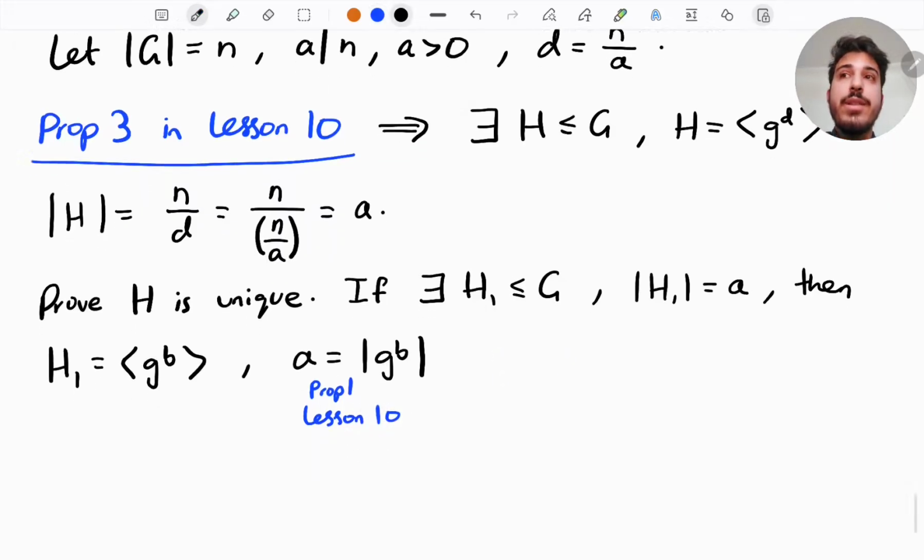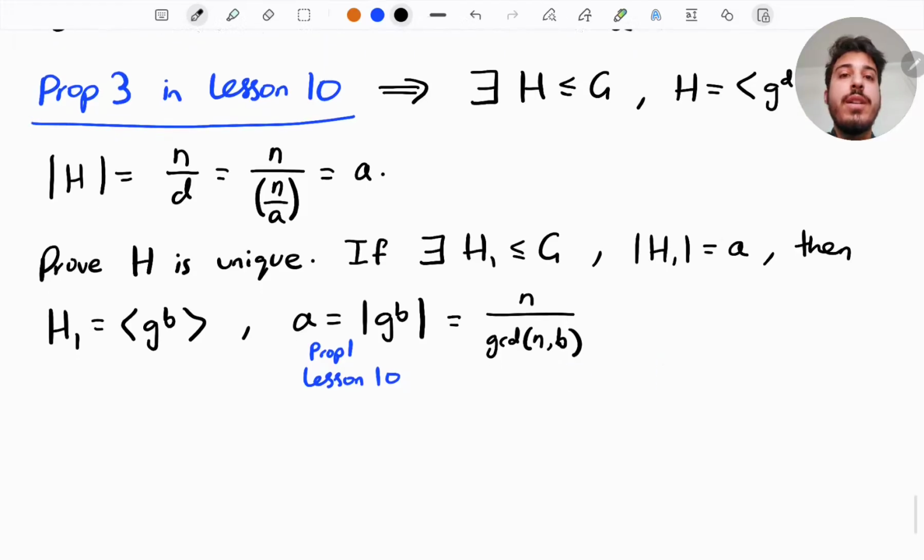So we have this, and the order of g to the b is equal to, by proposition 3, n divided by the GCD of n and b. Again, we have proven all these results that I'm talking about here.